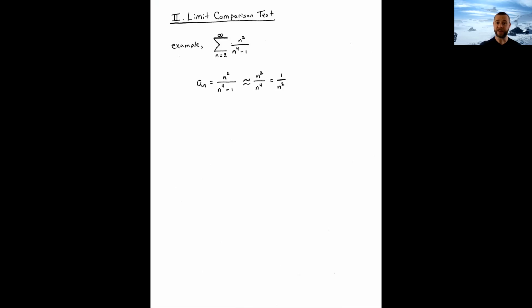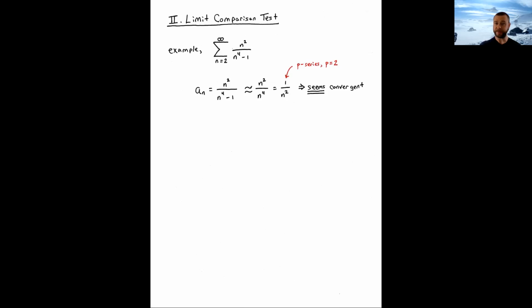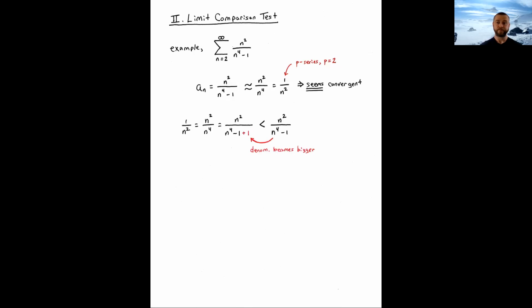Now this suggests that our infinite series converges, since 1 over n squared is the term for a convergent p-series. And let's see what we can determine by maybe applying the direct comparison test. All right, seems convergent, so we want to look for something bigger. But the problem here is if we try to find a bigger infinite series, notice we have -1 in the denominator rather than +1 like we've seen in some previous examples.